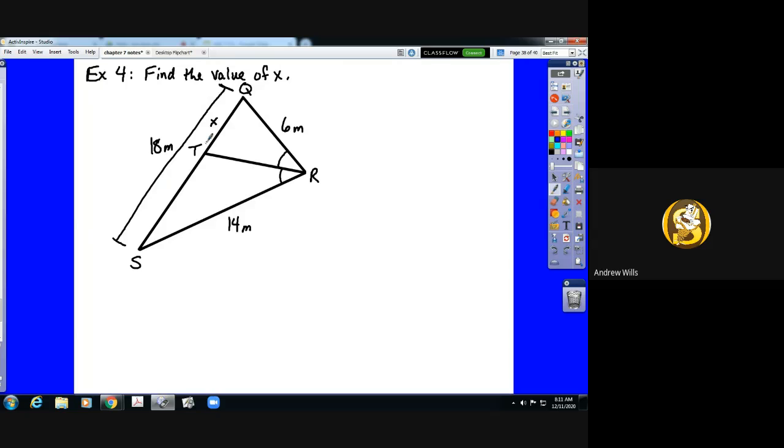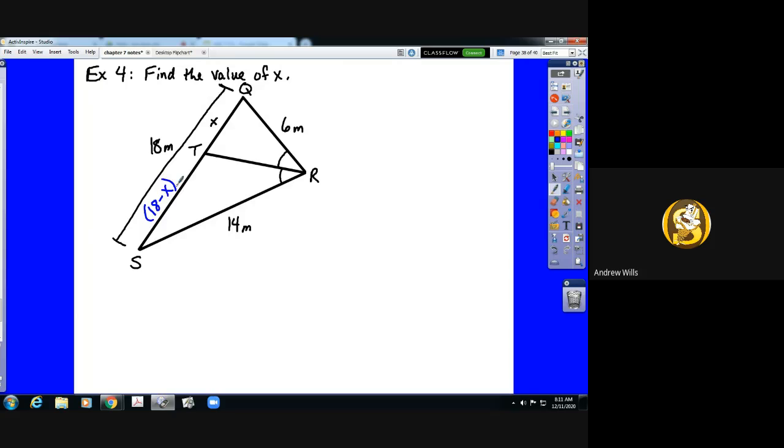What is the length of TS, if the entire side length is 18 and the distance from Q to T is x? Very good. So this section here, TS, would be 18 minus x meters.